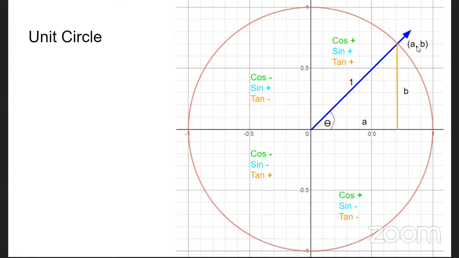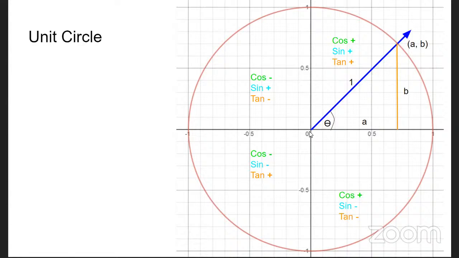And tangent is b over a. Since b is positive and a is positive, a positive over a positive makes a positive. So in quadrant 1, our cosines, tangents, and sines are all going to be positive. And each quadrant has its own characteristics of positive or negative values for cosine, sine, and tangent.